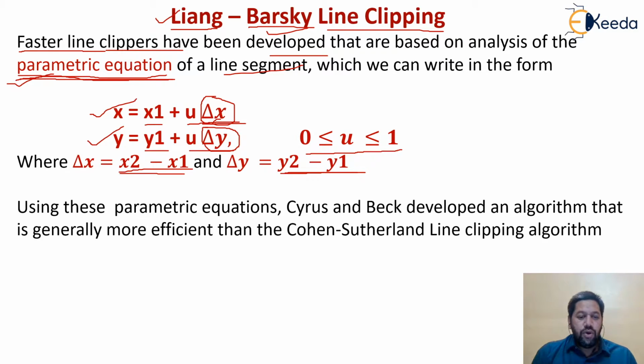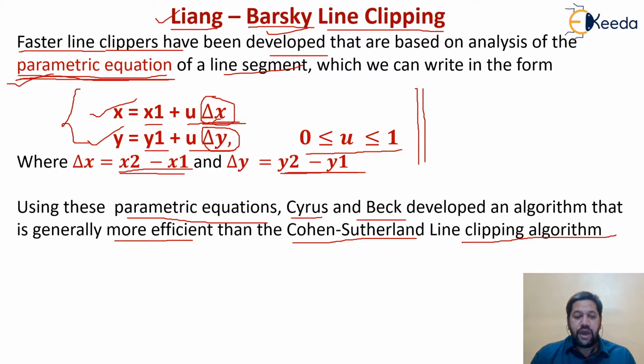Now, the parametric equations we have just seen are used by two more scientists, Cyrus and Beck, who developed an algorithm that is generally more efficient than the Cohen-Sutherland line clipping algorithm.